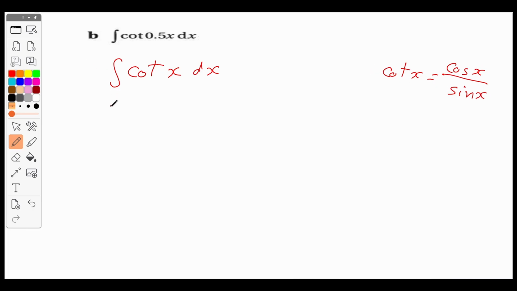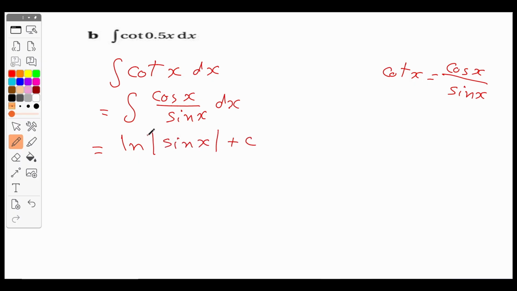So this one will be the integral of cosine x over sine x. Okay, the derivative of sine is cosine. So simply the answer of this equals ln of the modulus of sine x plus c. This is the integral of cotangent.